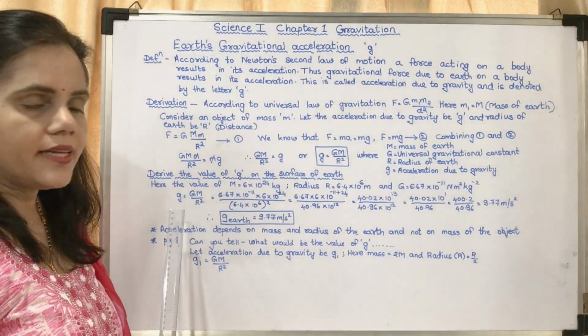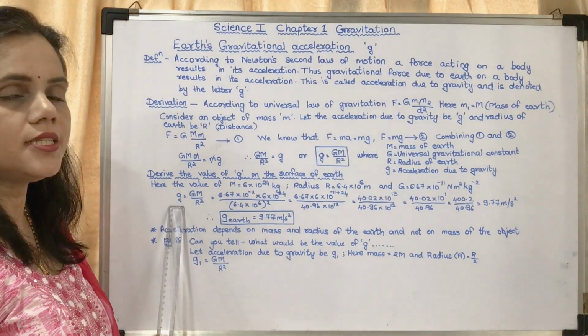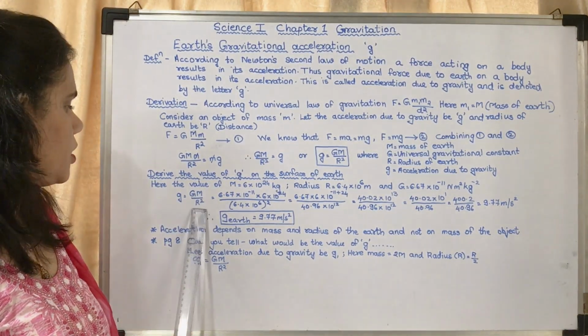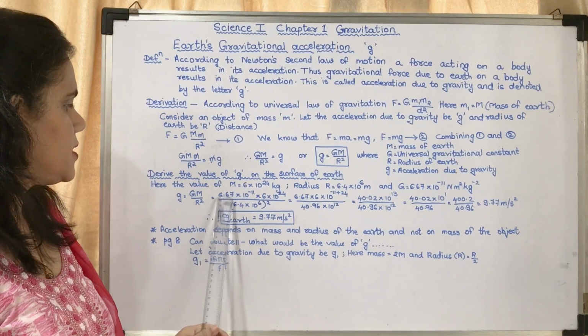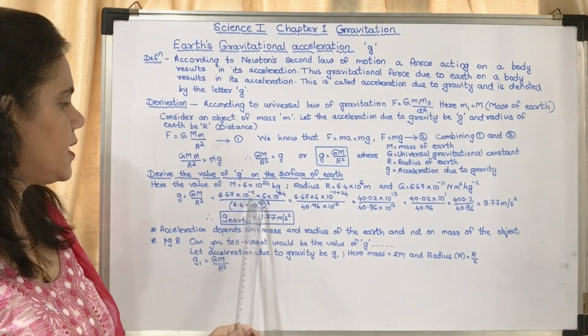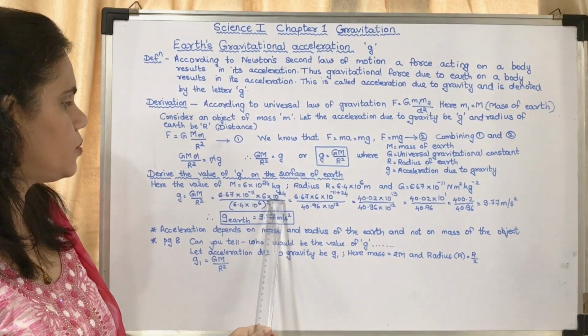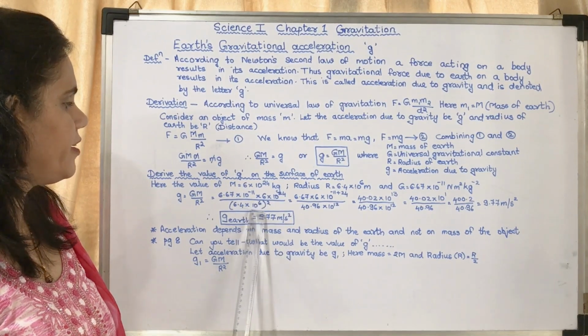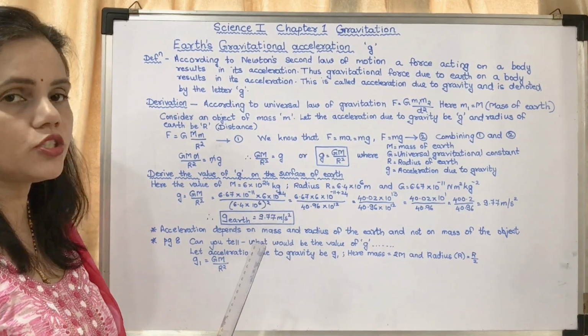By substituting the values in the equation, g is equal to GM upon r square: 6.67 into 10 raised to minus 11 into 6 into 10 raised to 24 upon 6.4 into 10 raised to 6 the whole square.